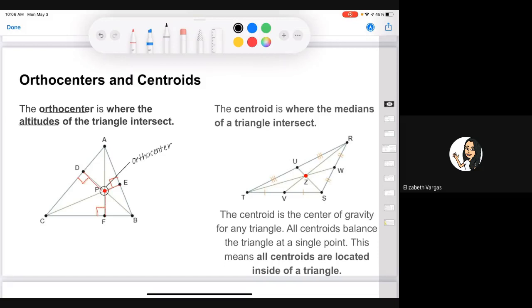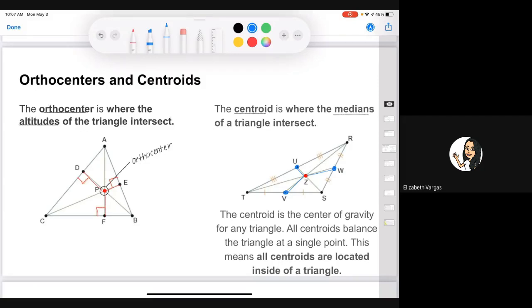Whenever you think of centroid, on the other hand, you want to think of medians, because your centroid is going to be where your medians intersect. So we looked at medians. Medians went from the vertex to the midpoint of the opposite side. So these would be our medians. They are the midpoint of both of those opposite sides.